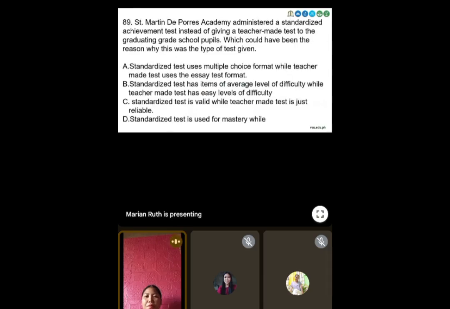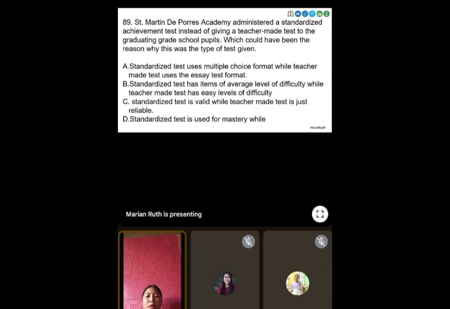St. Martin de Porres Academy administers a standardized achievement test instead of giving a teacher-made test to the graduating grade school pupils. What could have been the reason why this type of test was given? A. Standardized test uses multiple choice format, while teacher-made test uses the essay test format.